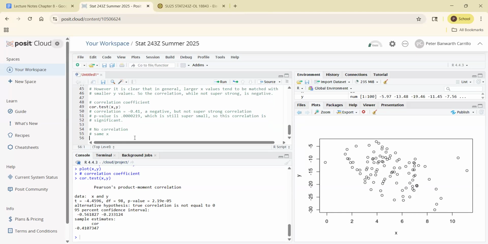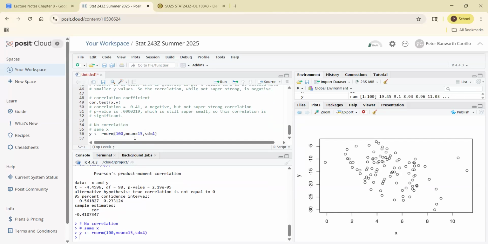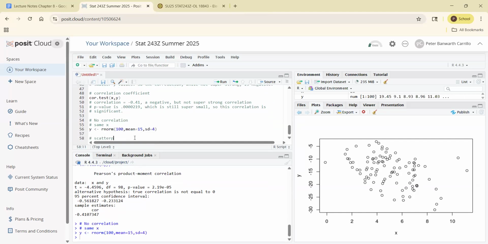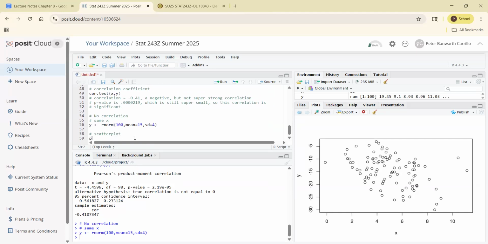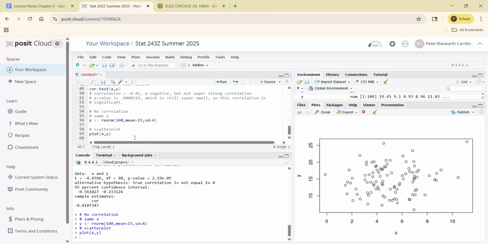So I'll use the same X, but a different Y. Let's look at the scatter plot. And it's just kind of a big blob of data.